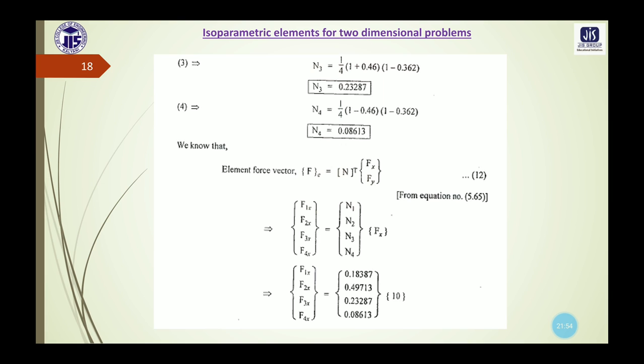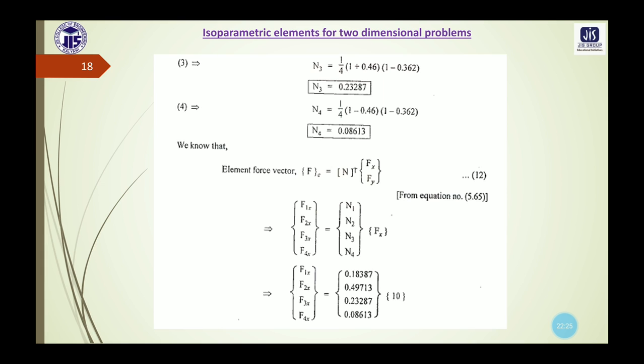Next, the formula of the element force vector Fe. This can be mathematically represented as n transpose multiplied by the column matrix of Fx and Fy. This is our equation number 12. So the element force vector Fe is actually the column matrix of F1x, F2x, F3x, F4x.